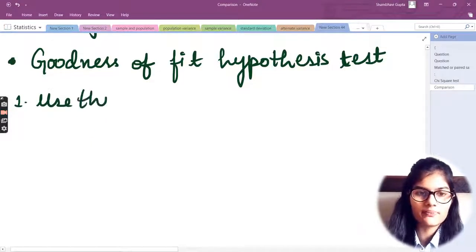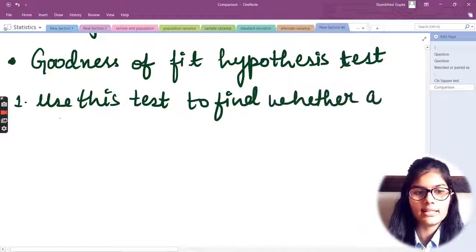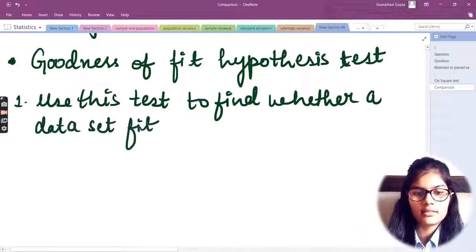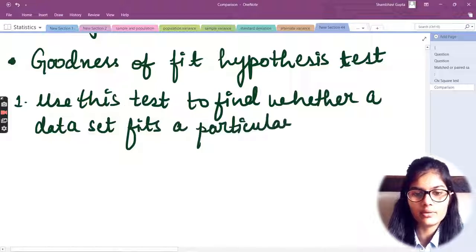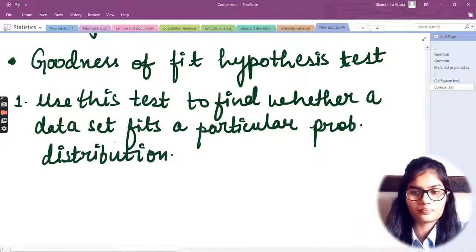Use this test to find whether a data set fits a particular probability distribution.